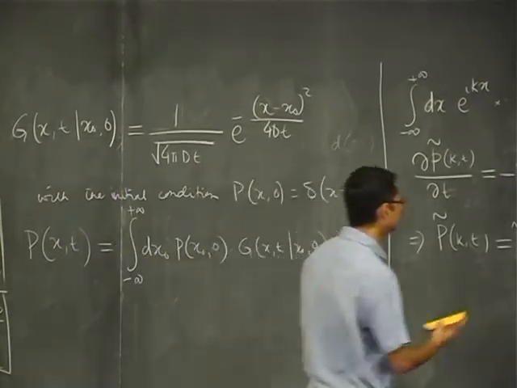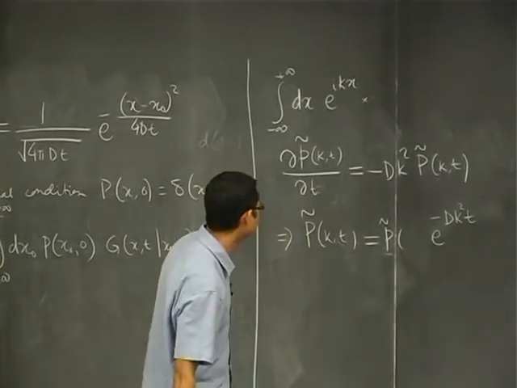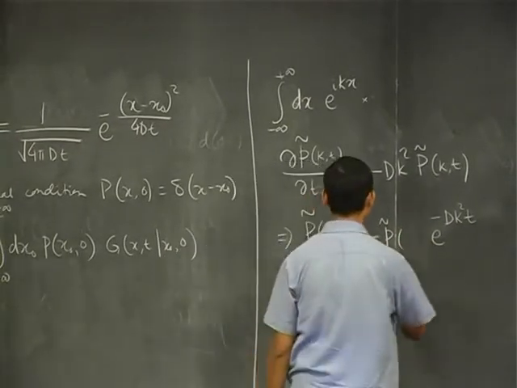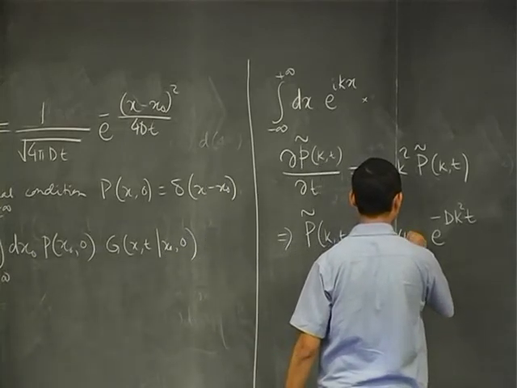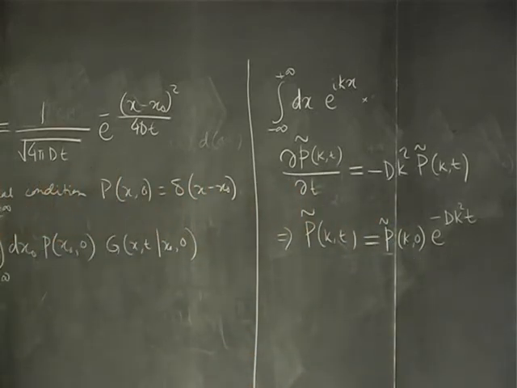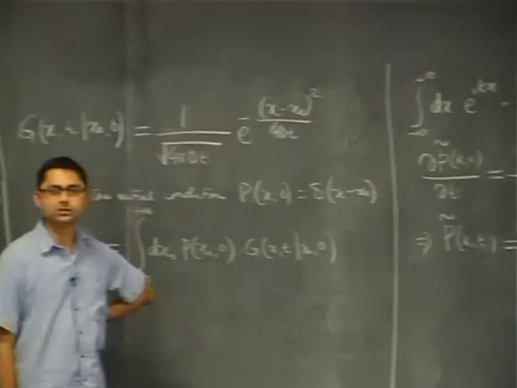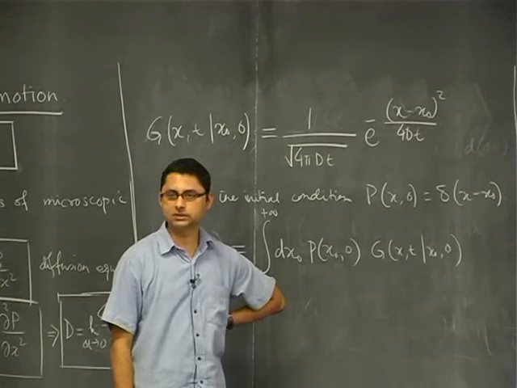Sorry, this is p tilde of k0, 0. What is this? This is k0, right? Yeah. Right, so this is the solution. Is it okay? Right, this is the solution.